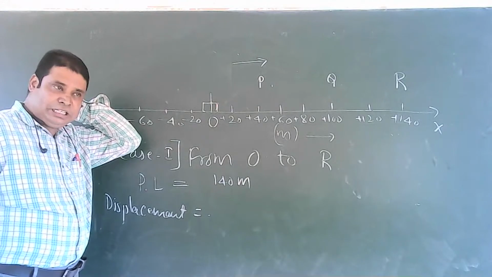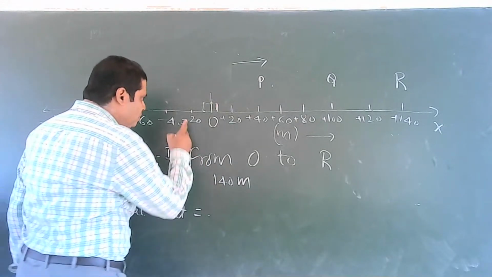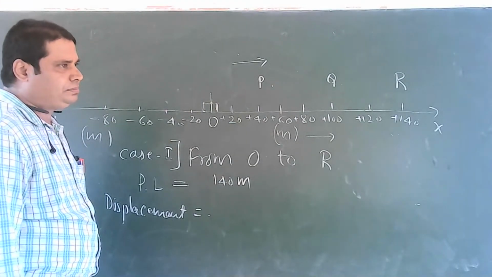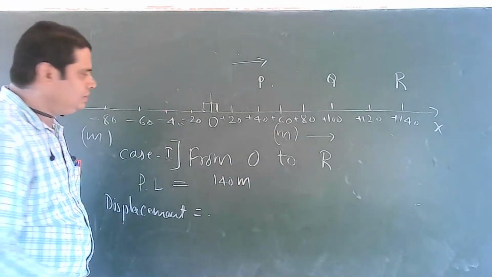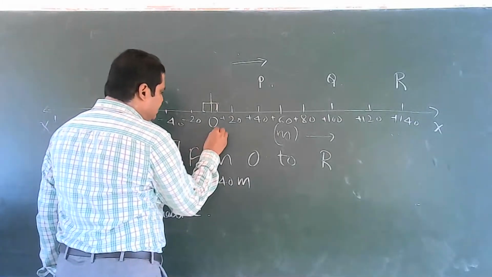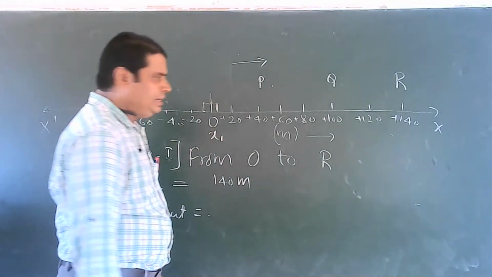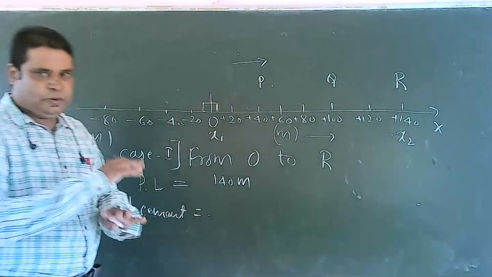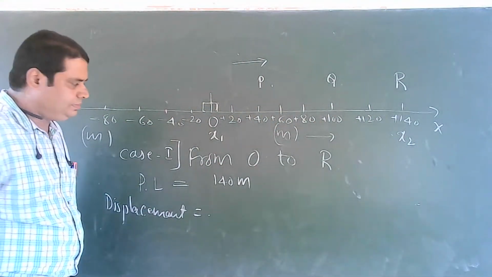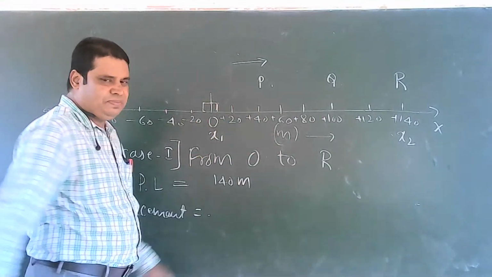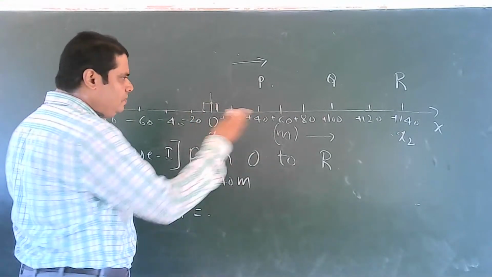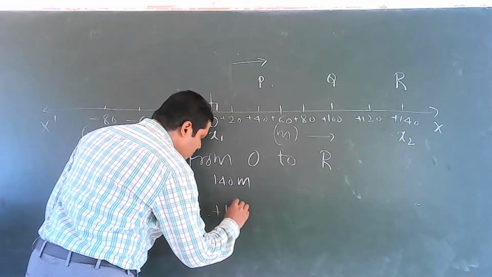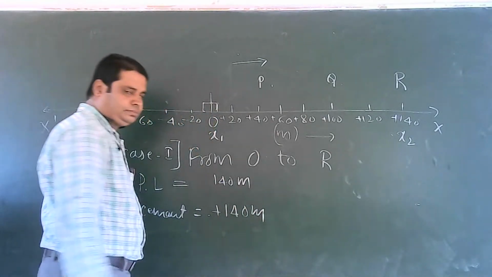Now, let me write displacement as, once again, the shortest distance or change in position. This is the initial position, say x1. Now, for us, this is the final position, say x2. Change in position will be x2 minus x1, or 140 minus origin, which is 0. 140 minus 0 will be 140. But remember, 140 meter.